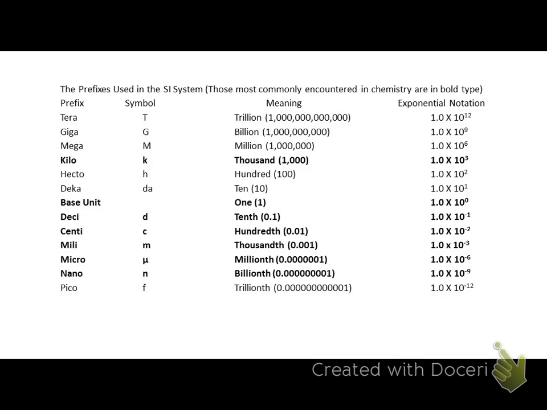First of all, in the metric system, we assign base units. For instance, the base unit here, which I will highlight, is given a value of 1. In fact, all base units in the metric system have a value of 1. Let's go ahead and list some of those base units so that you're familiar with them.